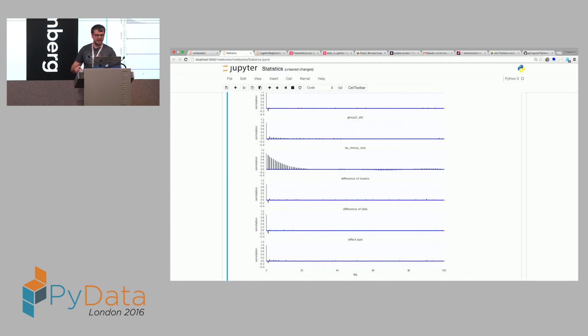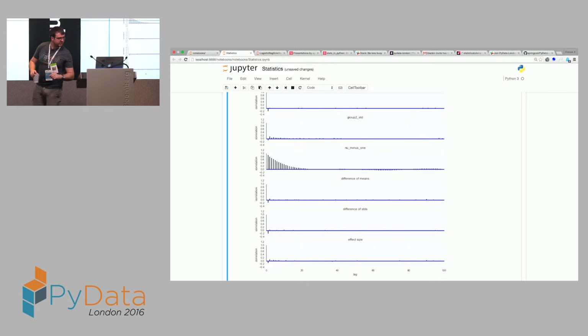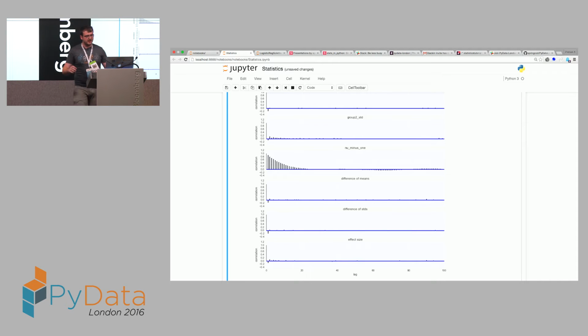It's quite good for everything except nu minus 1. And there's other models in the notebooks here that are even worse than this. You want this to go down to 0 as quickly as possible. That's your good rule of thumb for this interpretation.